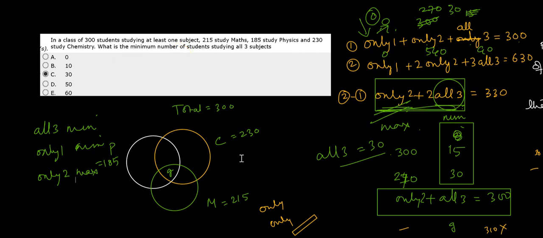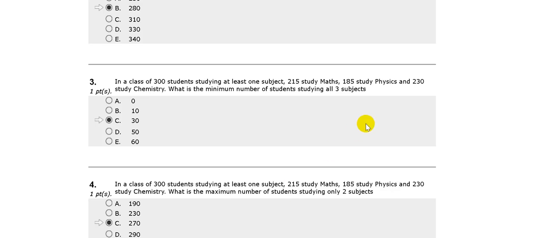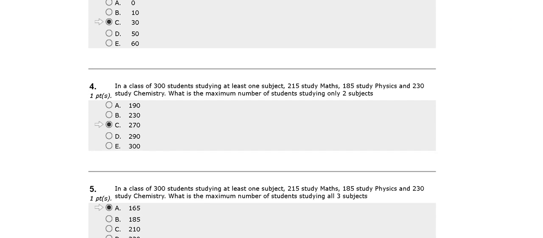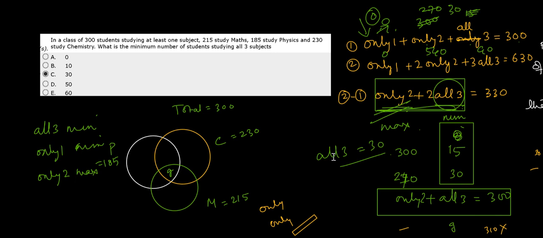So let us look at the next one. Maximum number of students studying only 2. From the logic that I told you, when all 3 is minimum, only 1 is minimum, only 2 is maximum. When all 3 is maximum, only 1 is maximum, and only 2 is minimum.